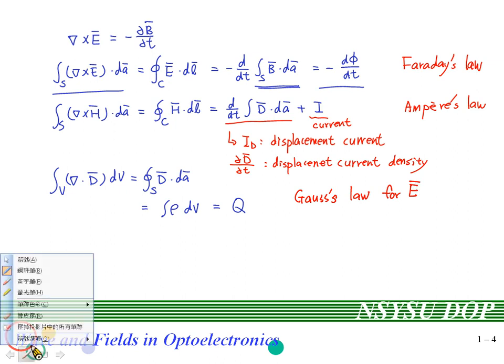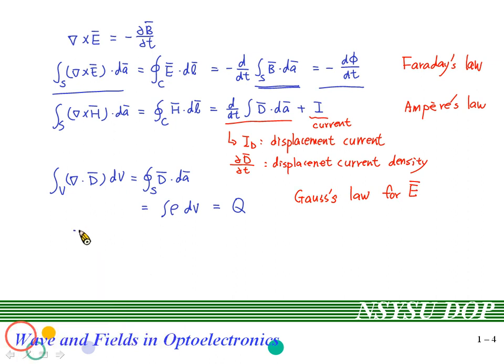Okay? And finally, we go to the divergence of B. If you perform the volume integral of the divergence of B in a volume, by the divergence theorem, it will equal the surface integral of B over a surface S, which encloses the volume V. And I believe that all of you should know that this closed surface integral will be 0 here.